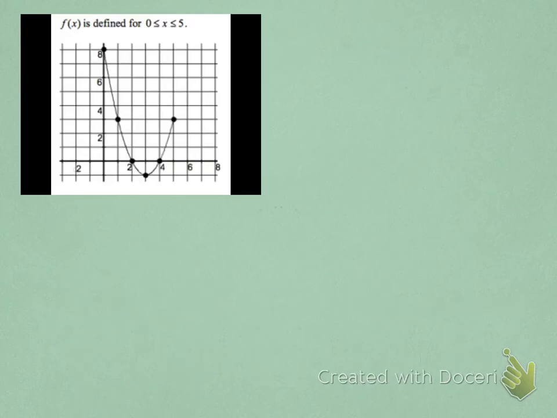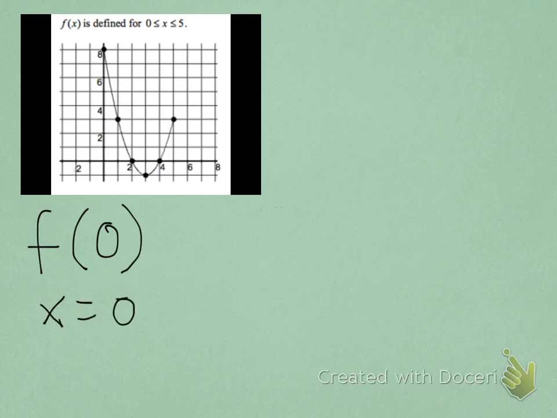Now, it is also possible that we can evaluate a function graphically without even knowing the definition or the equation of the function itself, just looking at the graph. So same as we did before, let's evaluate this function f when x equals 0. So again, the x is 0 because we have replaced f of x with f of 0.